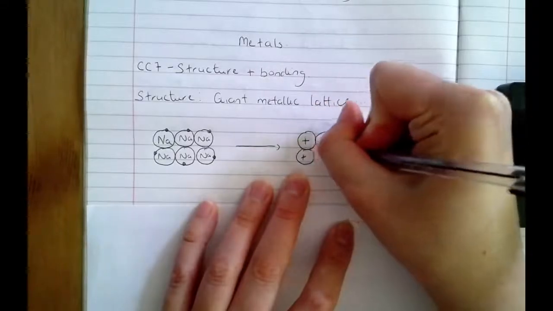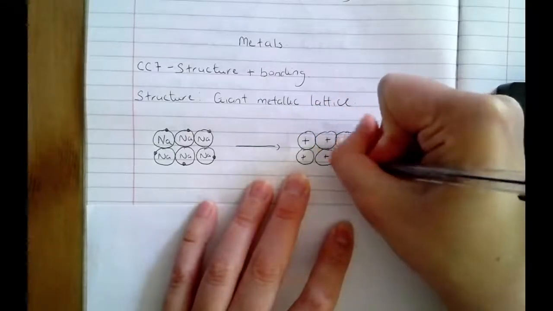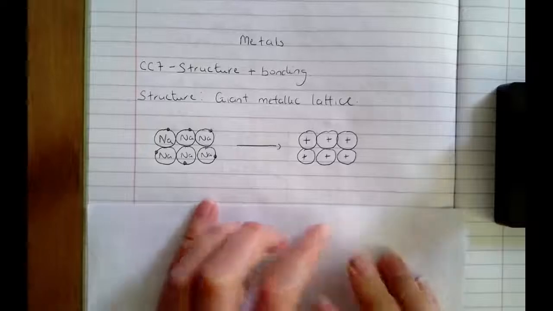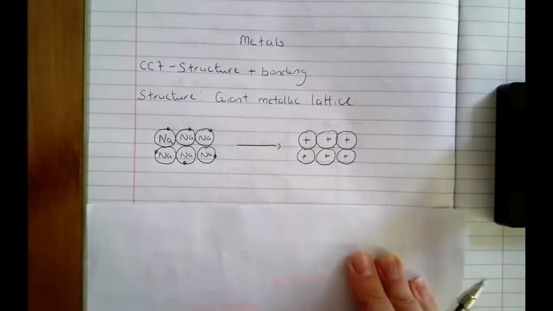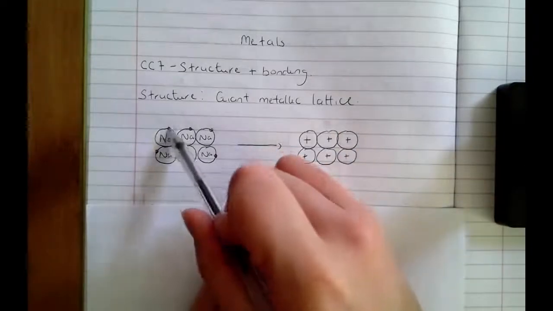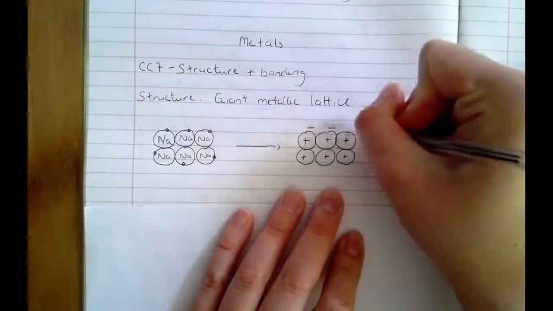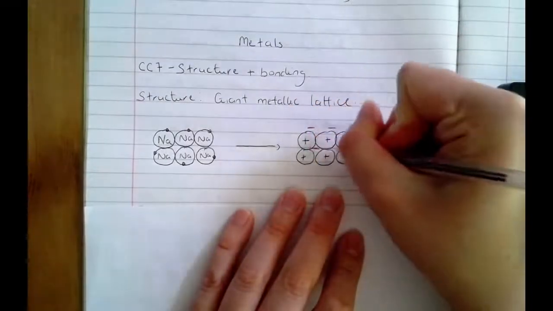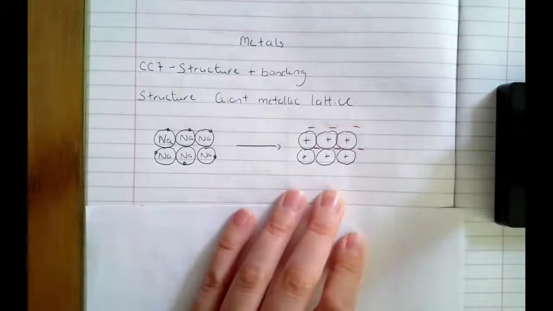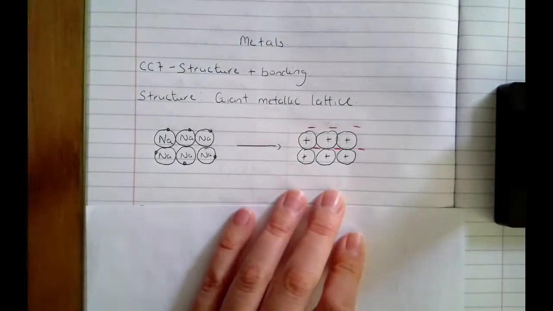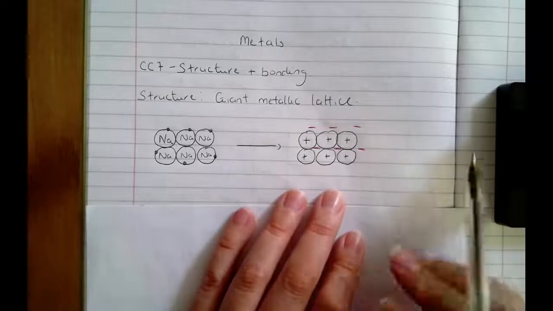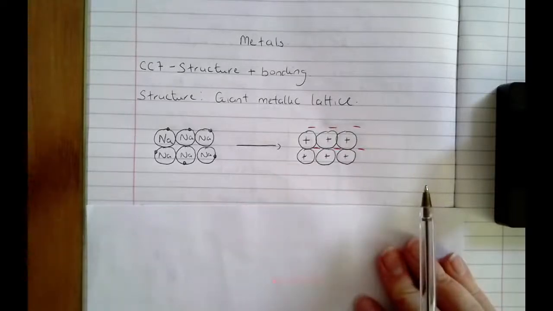And I'm not going to draw their electrons. They do lose their electrons, but because it's not reacting with another element, those electrons that I've drawn here have nowhere to go, and they stay within the structure of the metal, and they move around through the structure of the metal. So I'm drawing those electrons there as negative charges because electrons are negatively charged.